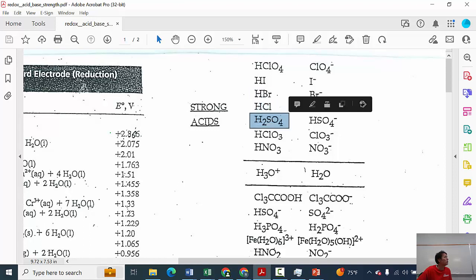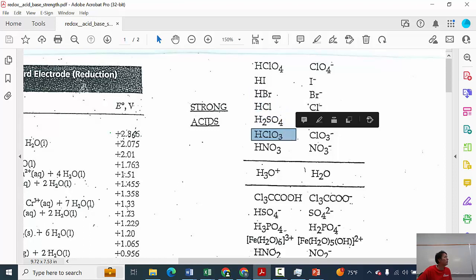H2SO4 sulfuric. HClO3 is chloric acid. HClO4 is perchloric acid. So we have chloric acid and perchloric acid is strong.